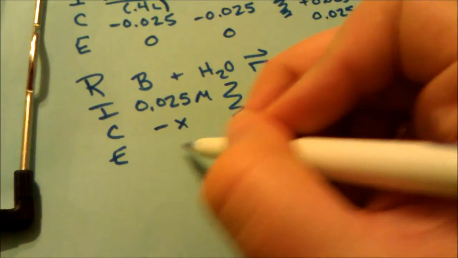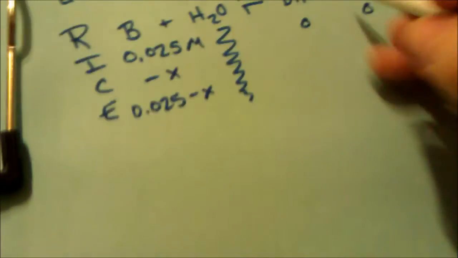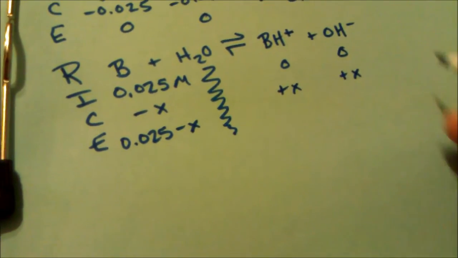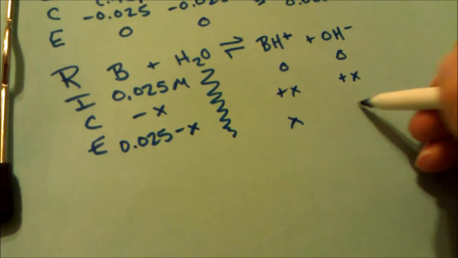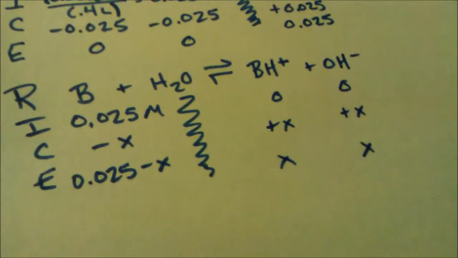I'm going to lose some unknown amount of weak base and gain an unknown amount of hydroxide ions, so that I end up with 0.025 minus x, x, and x for each species.